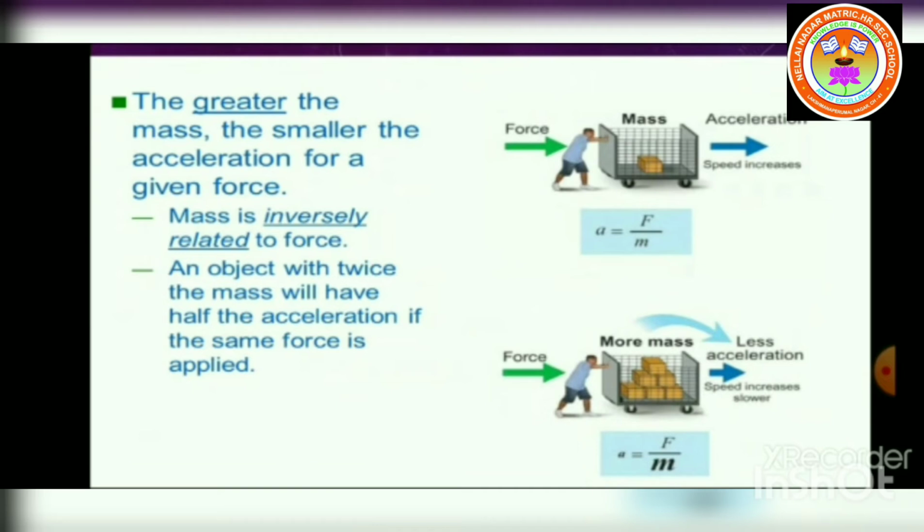So mass is inversely related to acceleration: a is equal to F by m, acceleration is equal to force by mass. An object with twice the mass will have half the acceleration if the same force is applied. So less mass, the acceleration increases. More mass, less acceleration. Speed increases slower.